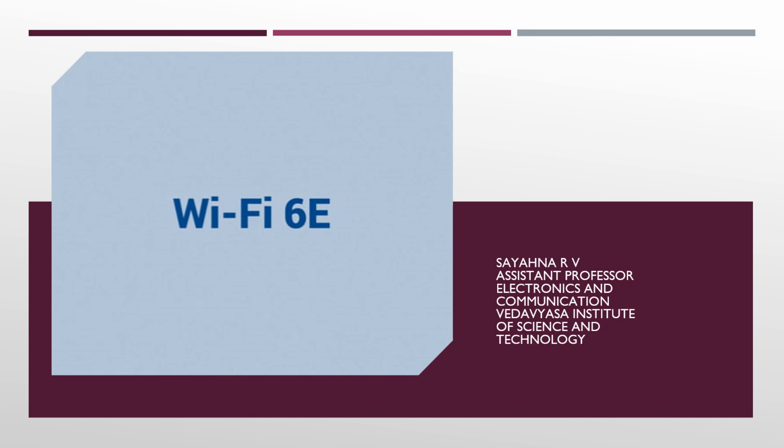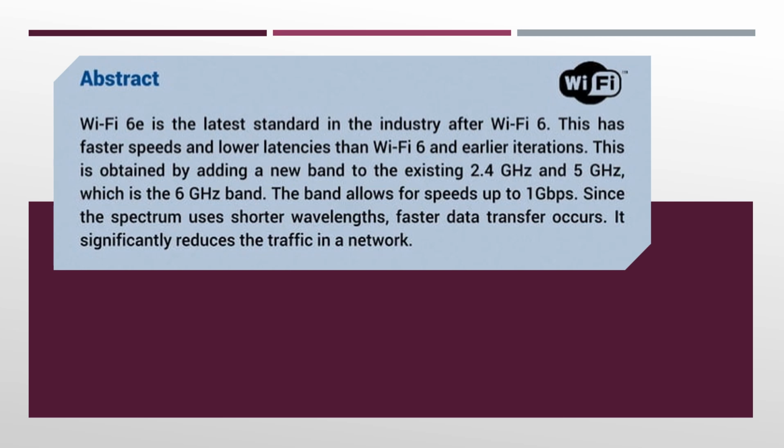Let's have a discussion about Wi-Fi 6E, which is the extended version of Wi-Fi 6. Now let's see what is Wi-Fi 6E. Wi-Fi 6E is the latest standard in the industry after Wi-Fi 6.